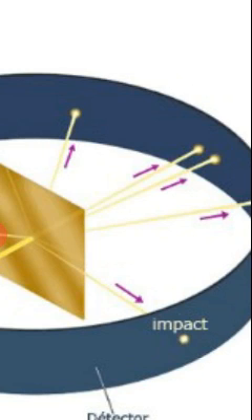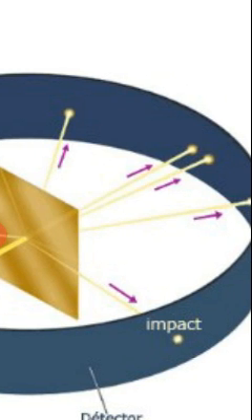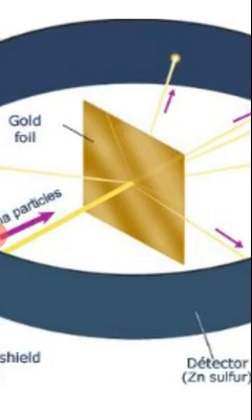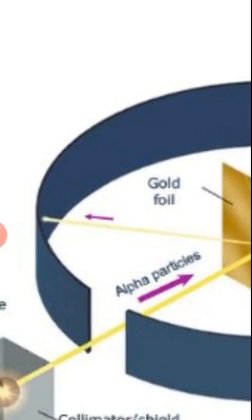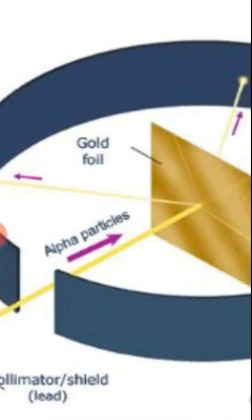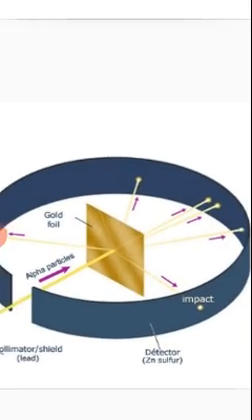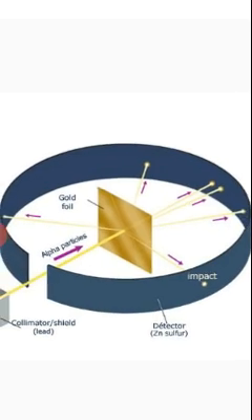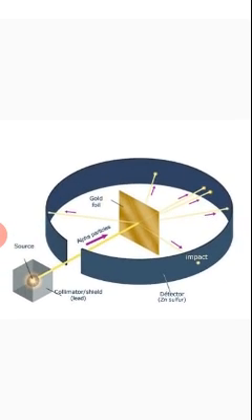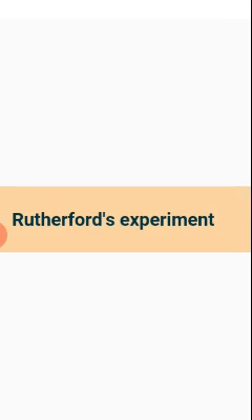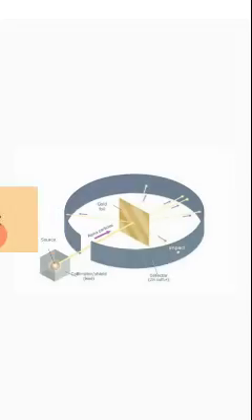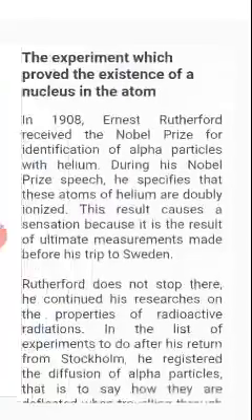You see purple arrows or yellow lines; most of the particles passed. Only one, this one, hit back. And zinc sulfide is a detector. So we are doing the Rutherford experiment as well as the Rutherford model.